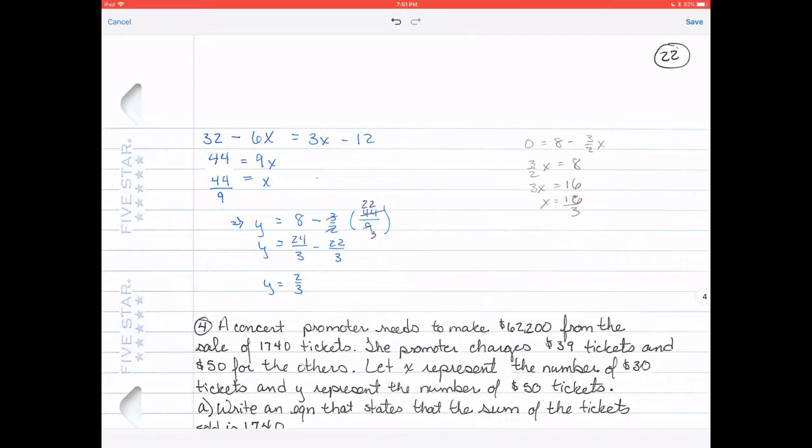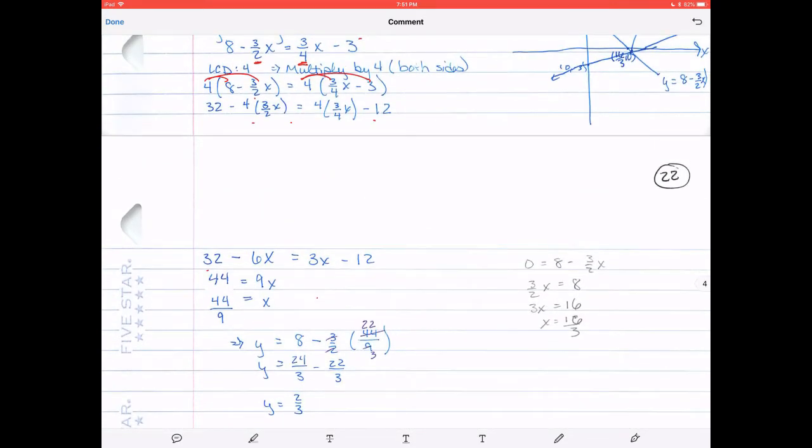So then I get 32 when all the fractions are gone. Scroll up just a little bit. So I get 32, then 4 times 3 halves, then 4 times 3/4 minus 12. Then I get 32 minus 6x equals 3x minus 12.